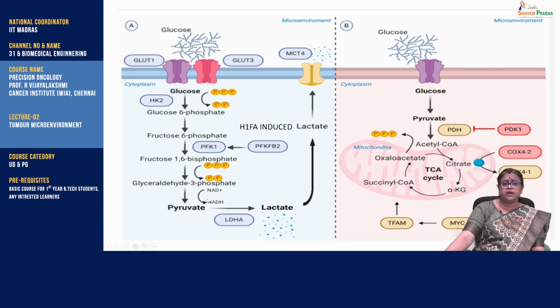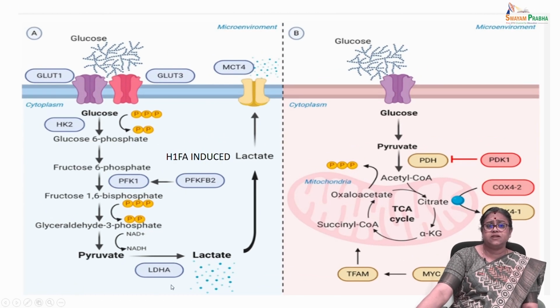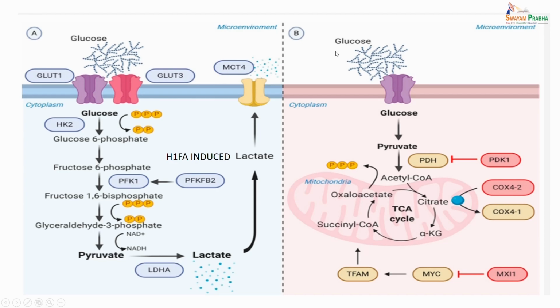So therefore, the pyruvate to lactate conversion is mediated by this enzyme. In the case of a tumour microenvironment, what we see here is the PDK1, which is formed as a result of HIF1 alpha, is inhibiting the pyruvate dehydrogenase step, and so therefore the pyruvate to acetyl CoA conversion does not happen, and therefore this leads to loss of the TCA cycle.